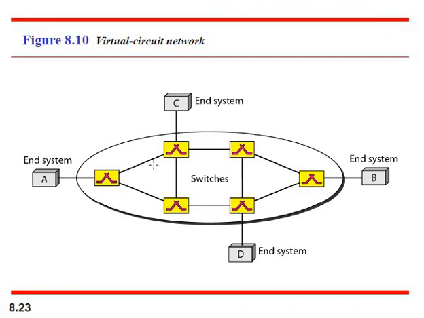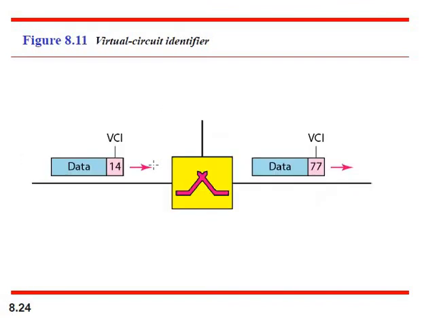transferring the datagrams. There is a special method called VCI, that is virtual circuit identifier. For every datagram or every packet, we are assigning some identification number, that will give the VCI. So this will be present for every packet. Now when one of the packets is transferred from one switch, the next switch will be adding its own VCI.